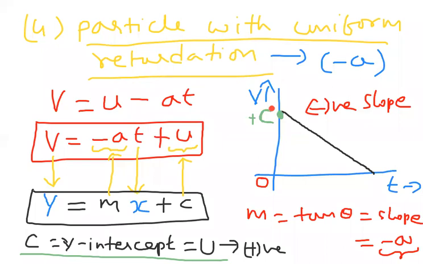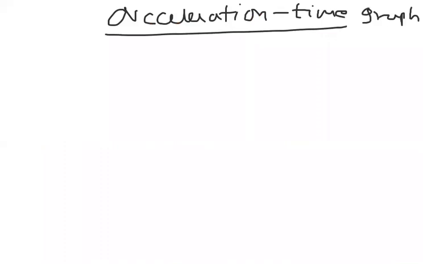Now, let us see acceleration time graphs. When we observe acceleration time graphs, we are taking only two conditions here.